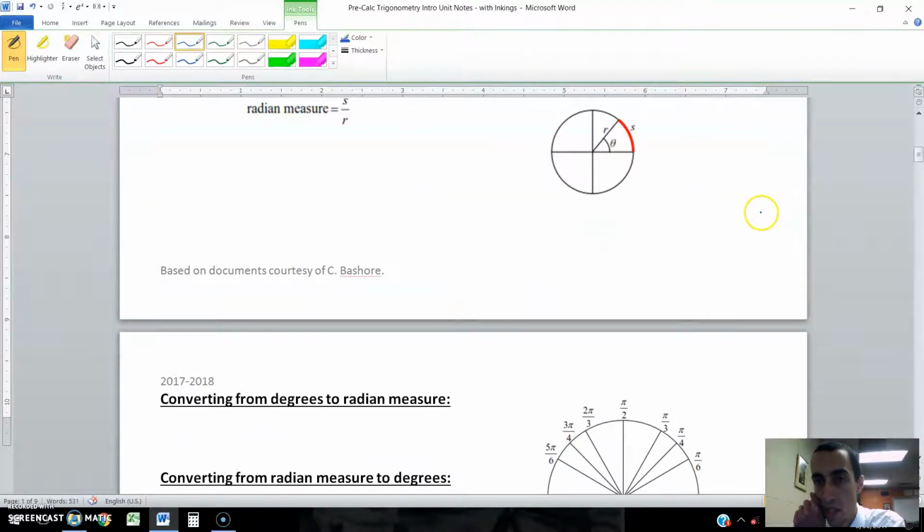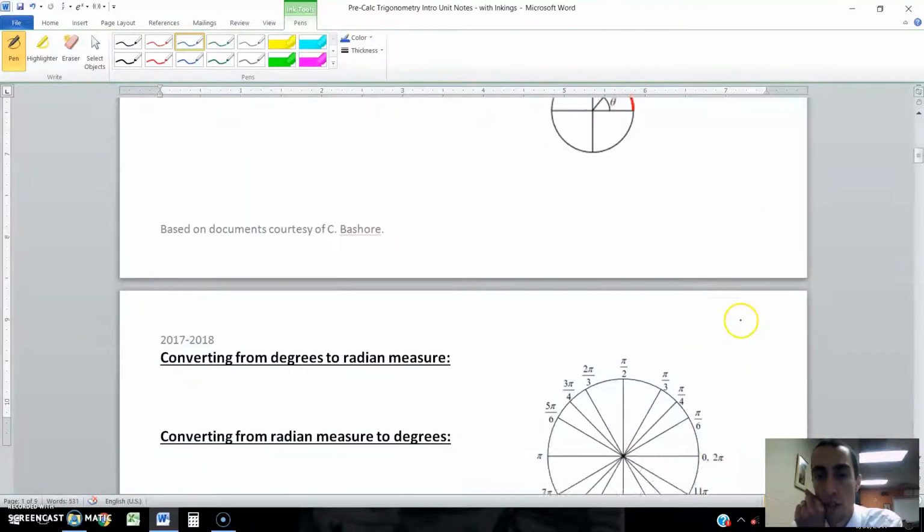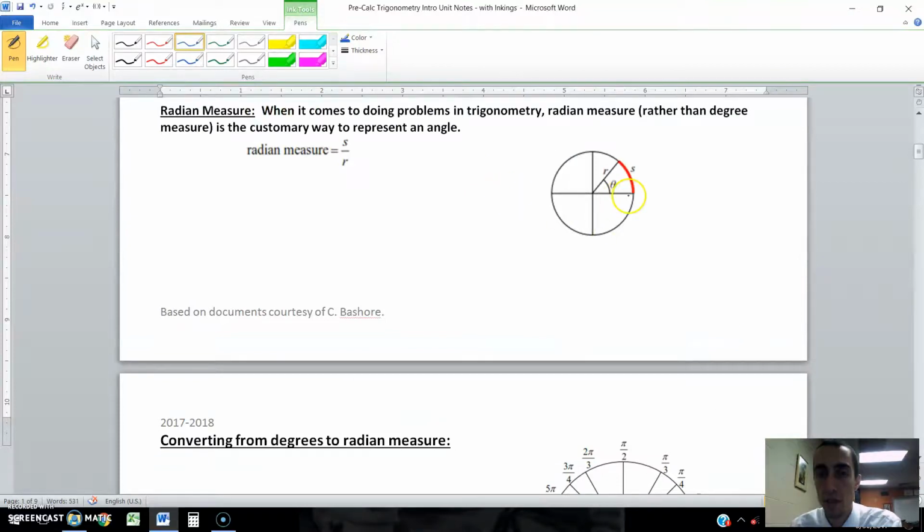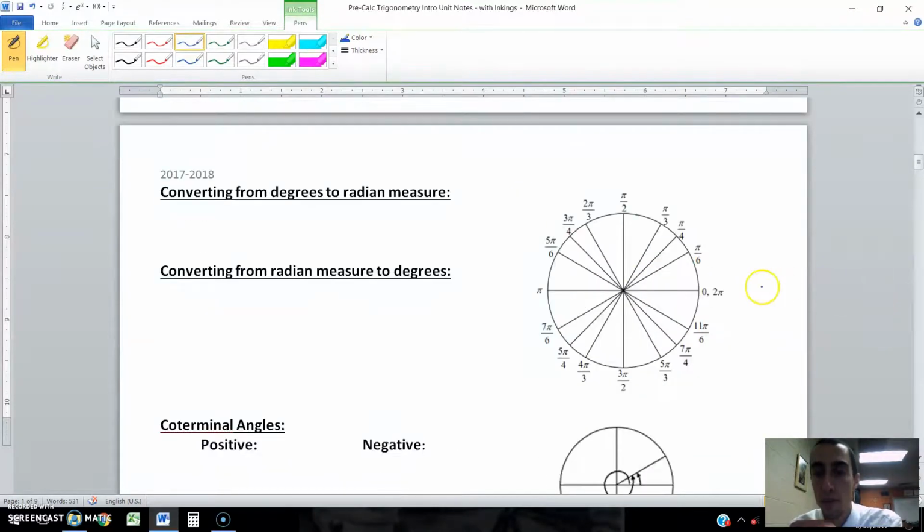Let's suppose that this was what's called a unit circle, both this one here and this one down here. A unit circle is a circle that has a radius of 1. So the distance from the center out to the edge is 1 unit. Well, that would mean that the diameter is 2 units.